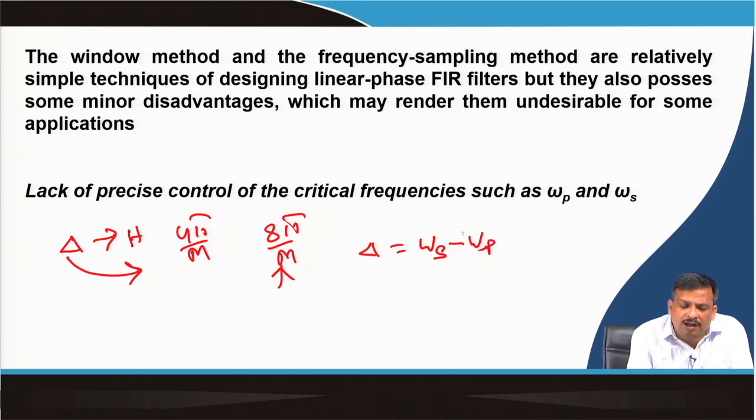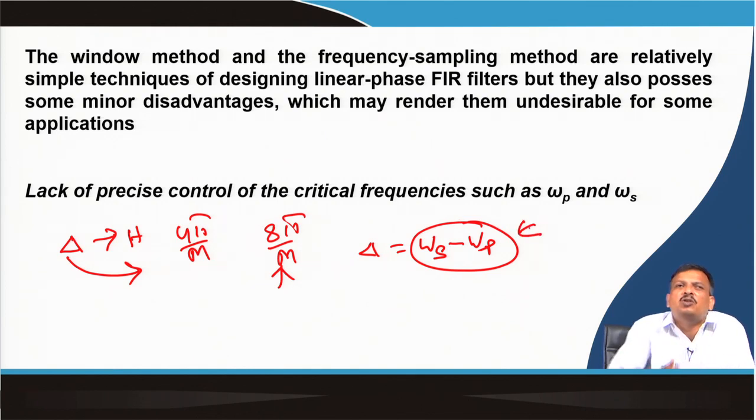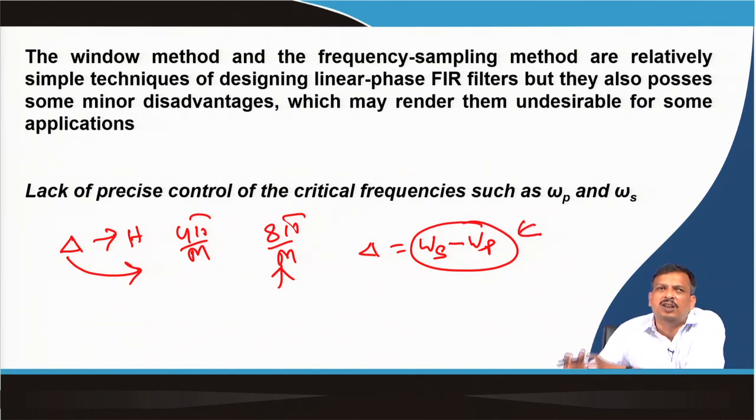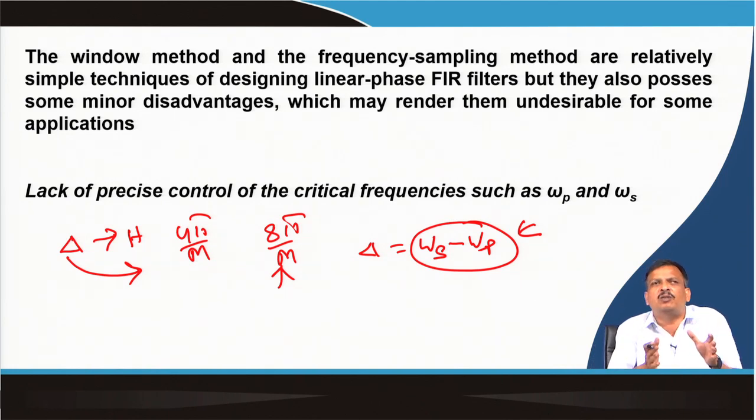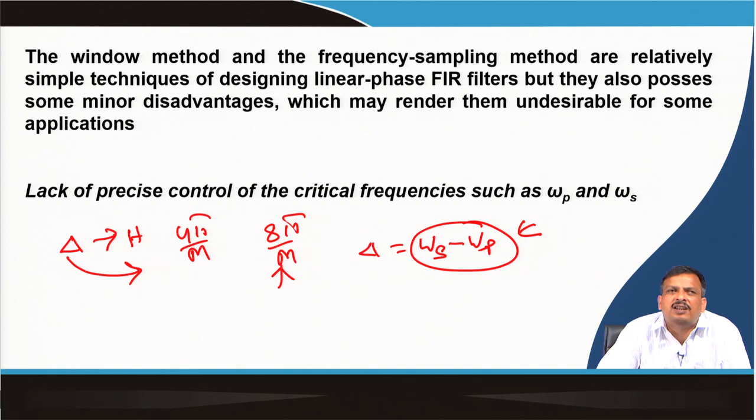So, this part I have a lack of control over; it depends on the window. If I want to reduce the ripple, the transition bandwidth increases. If I want to increase the ripple, the transition bandwidth decreases. That is okay, but there is a lack of control in the windowing method.